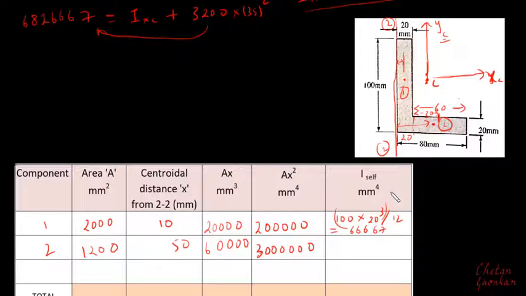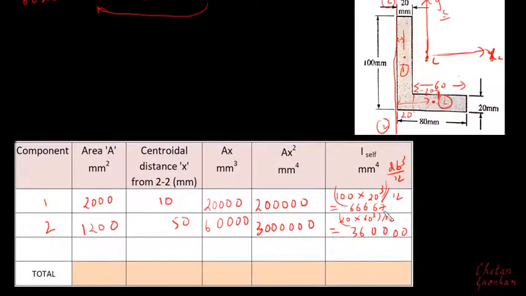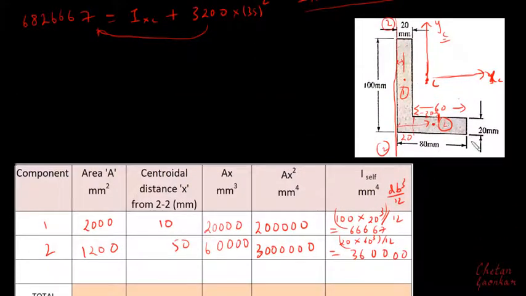Similarly, the I self of this second component will be 20 multiplied by 60 cube divided by 12, and that will be equal to 360,000. So this will be the moment of inertia of this second area.